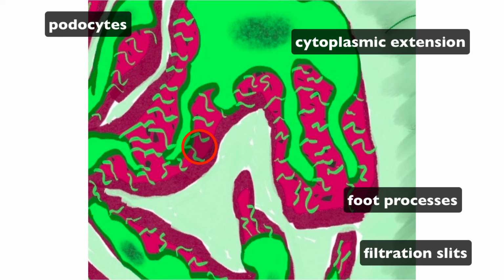These filtration slits are roughly 30 nanometers wide. So they are inhibiting the white blood cells, red blood cells, and platelets from moving through here. There are going to be some very small plasma proteins that can make it all the way through the filtration membrane, but by and large, most plasma proteins are not permitted to pass through.